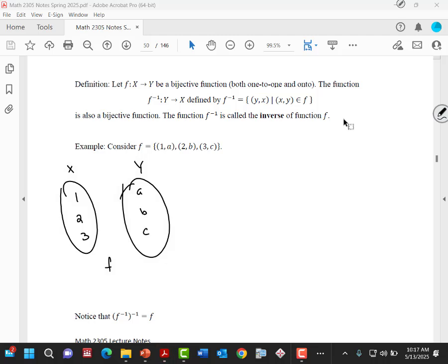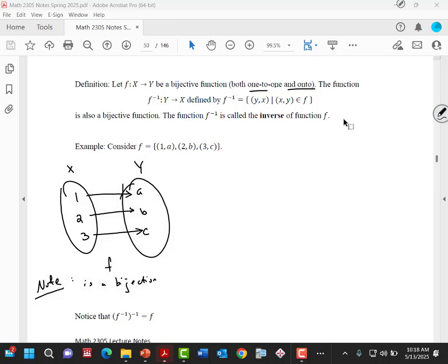For this function f, f maps 1 to a, 2 to b, and 3 to c. It is important to note that this function f is a bijection. It is 1-to-1 and onto.